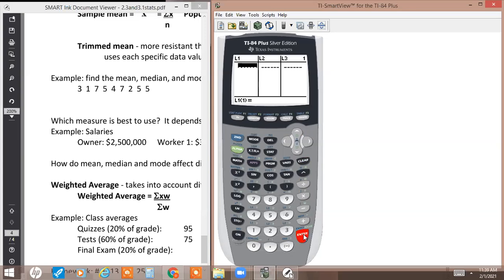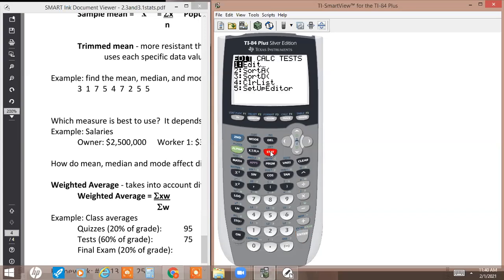Now we can enter the data from our problem. So I'm just going to enter it in order of appearance. So I've entered the data. Now we're going to press stat again.